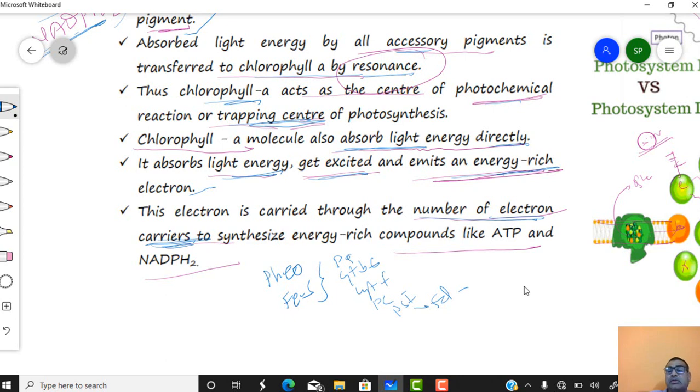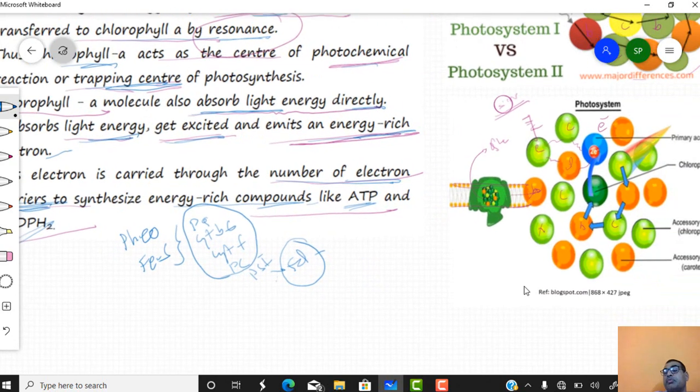So this electron is carried through a number of electron carriers to synthesize energy-rich compounds like ATP and NADPH2.